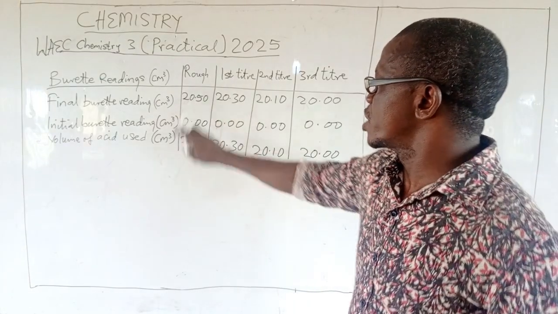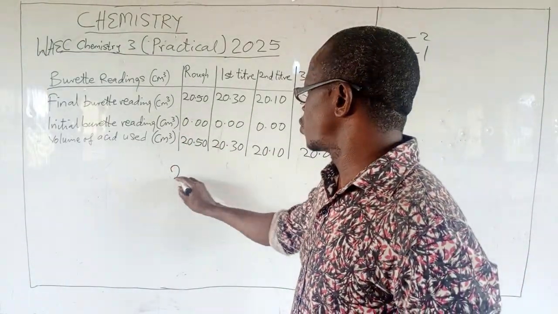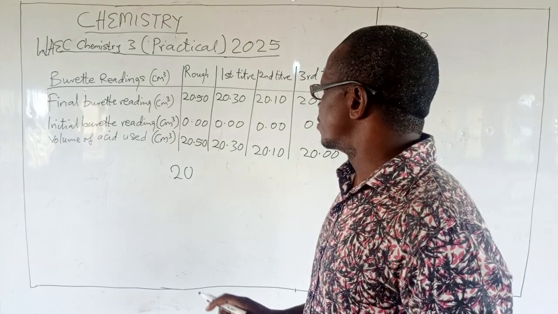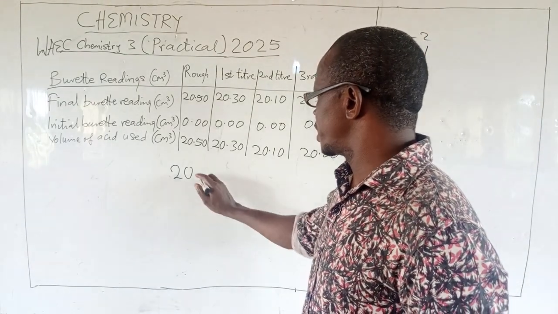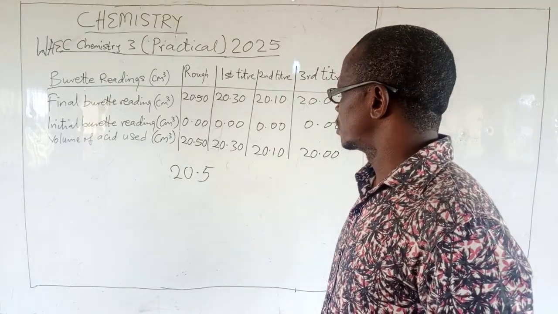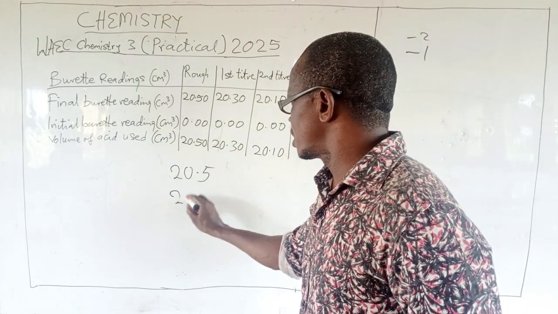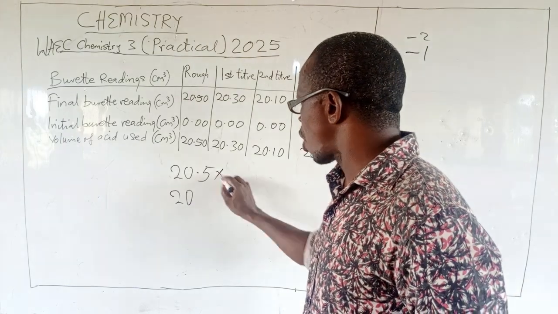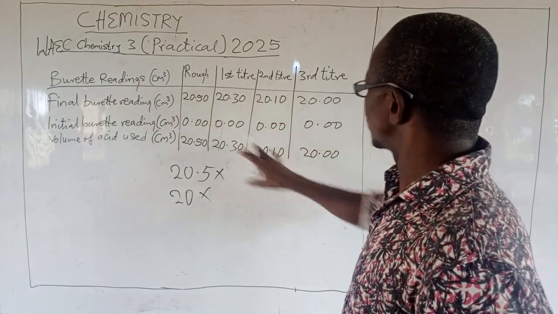Like in this case now, if it is whole number, it will be only 20. If it is one decimal place, it will be 20.5. So either this or this, you should not mix them on this table.